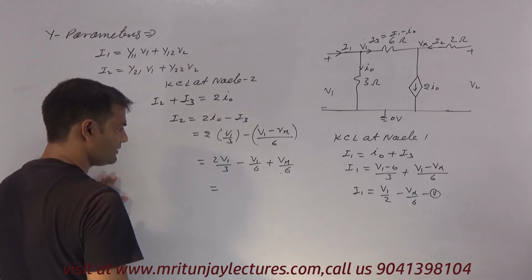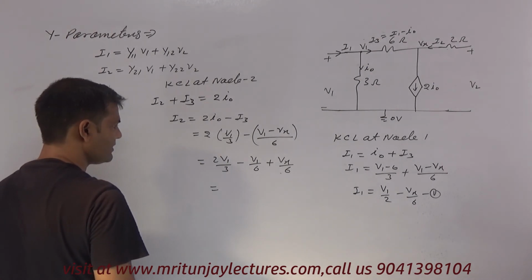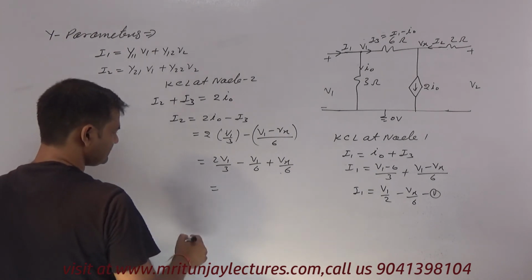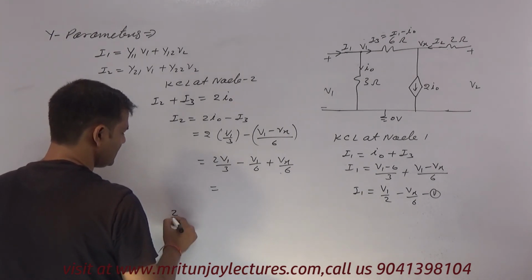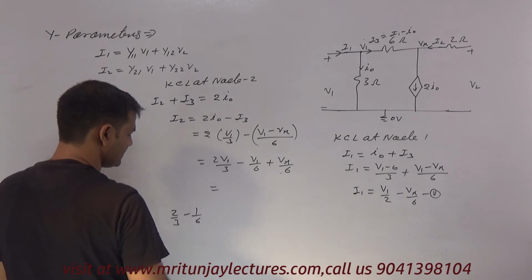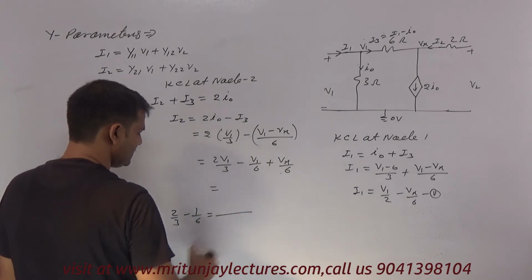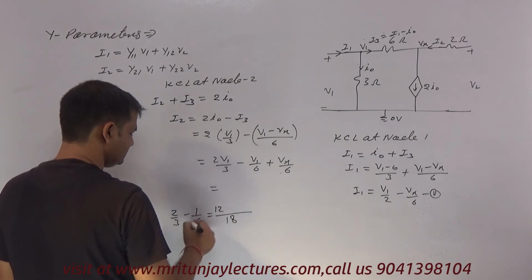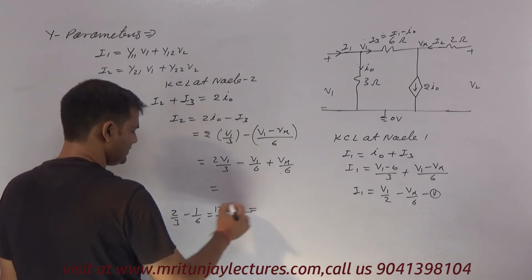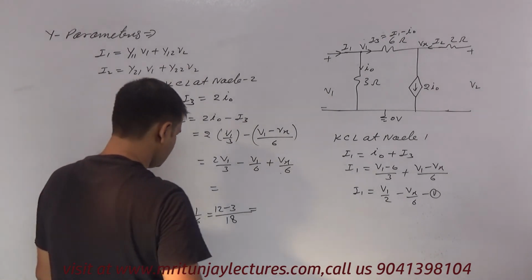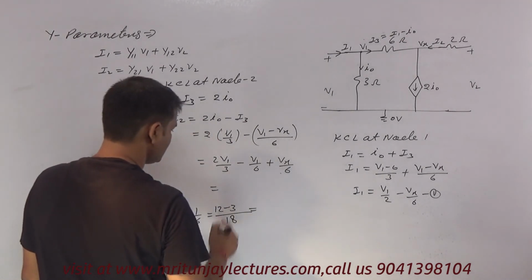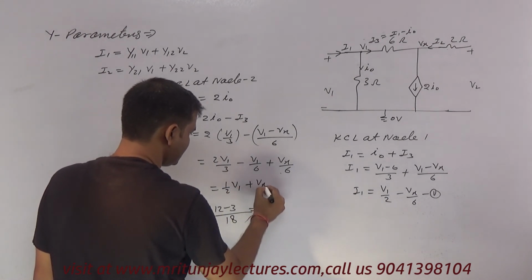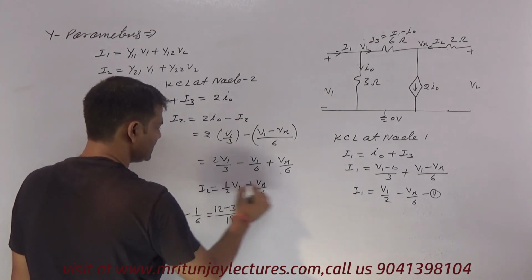So finally we got 2 by 3 minus 1 by 6, that is 1 by 2. So 1 by 2 into V1 plus Vx by 6, that is I2, equation number 2.